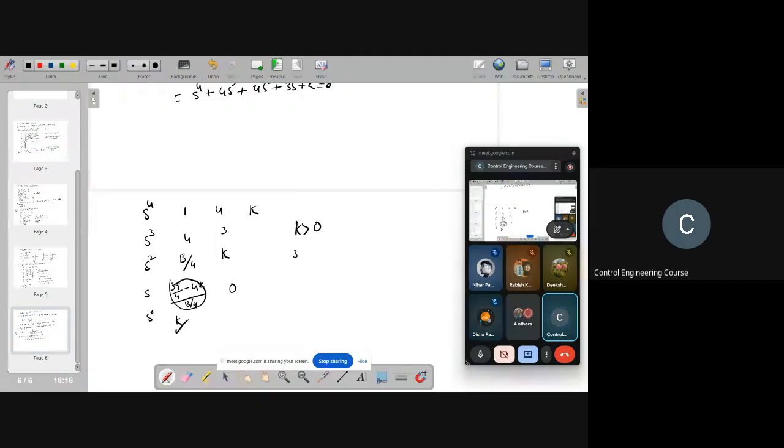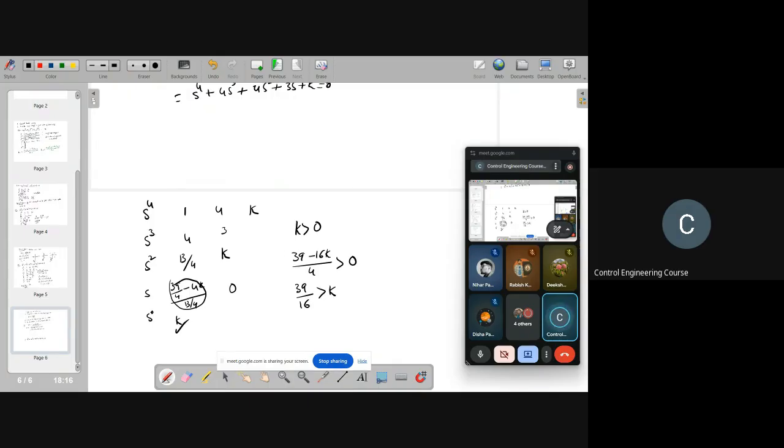That means 39 minus 16K by 4 should be greater than 0, or K should be less than 39 by 16.